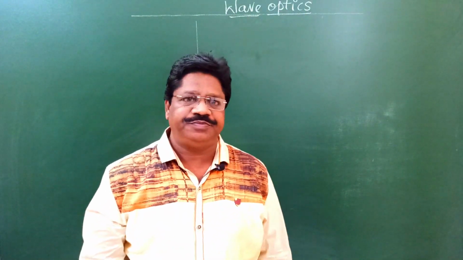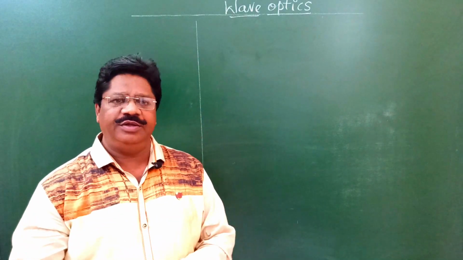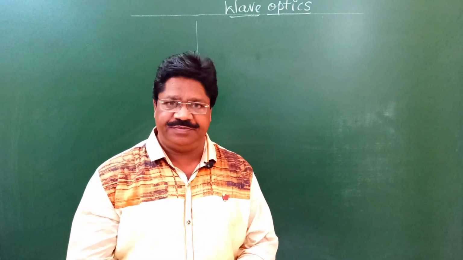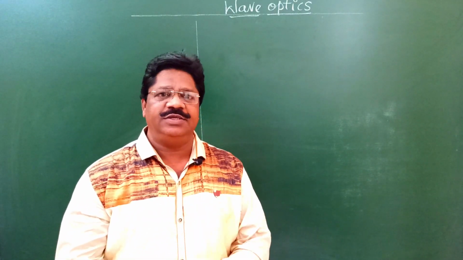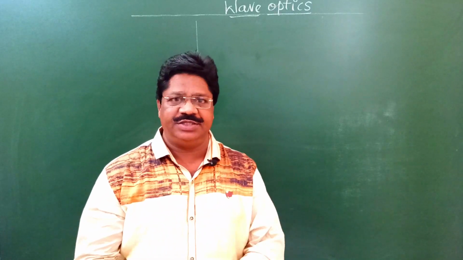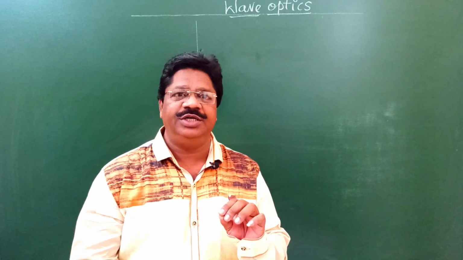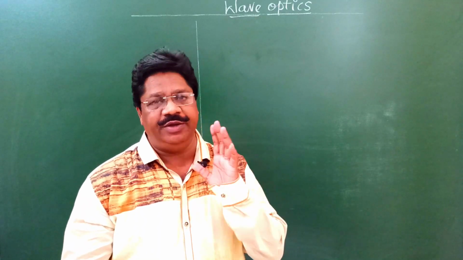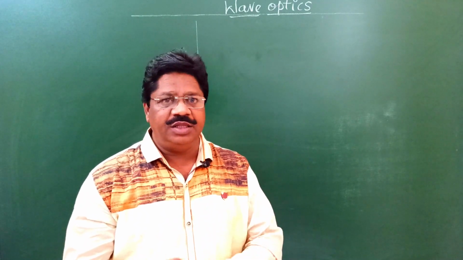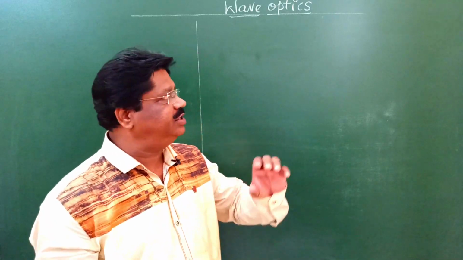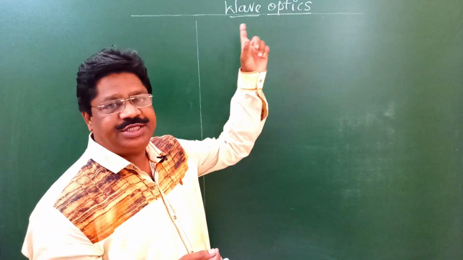Wave optics. Let us first discuss what is meant by optics. Optics is the branch of science which deals with the scientific study of light and its behavior. Then there is a sub-branch called wave optics.